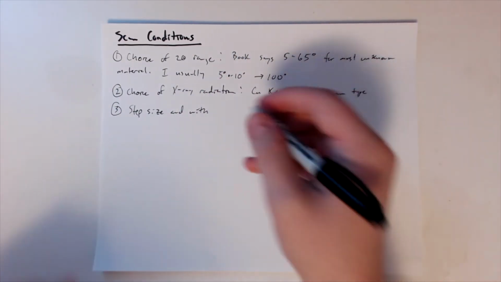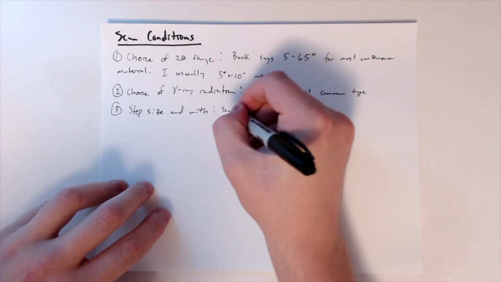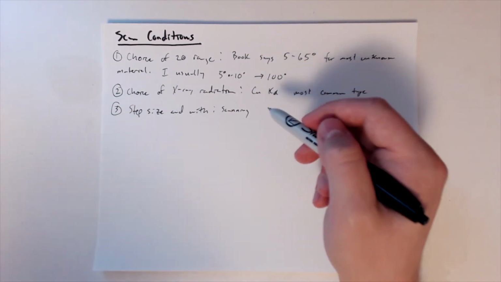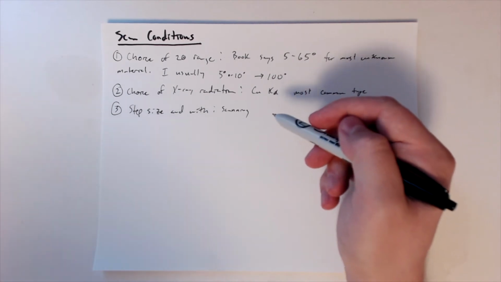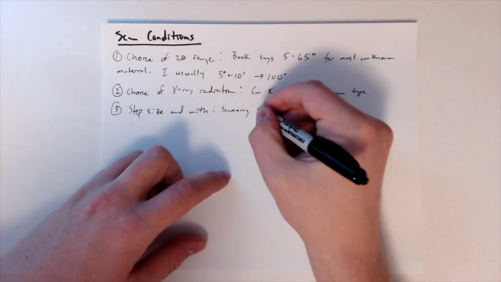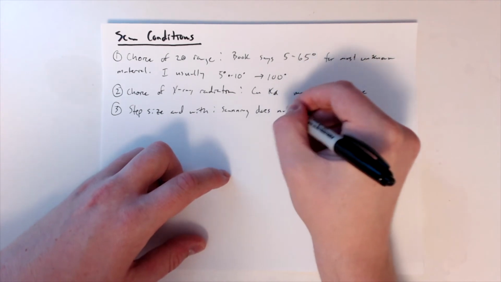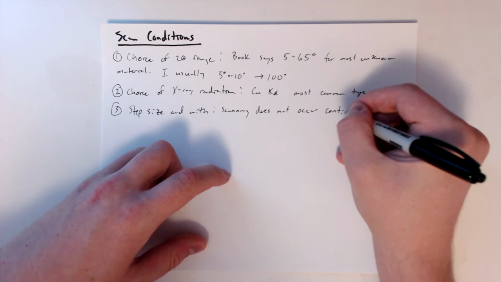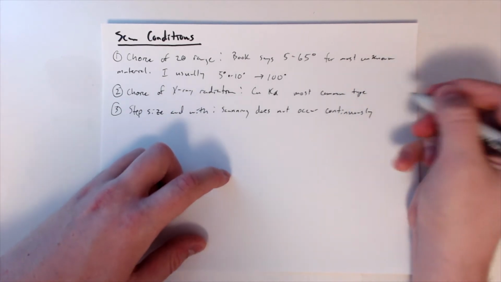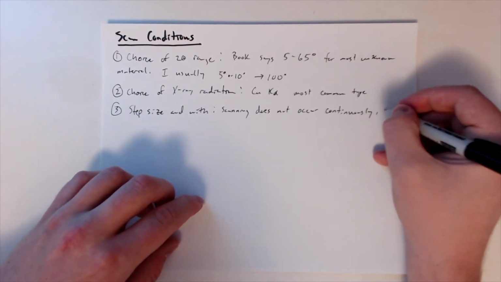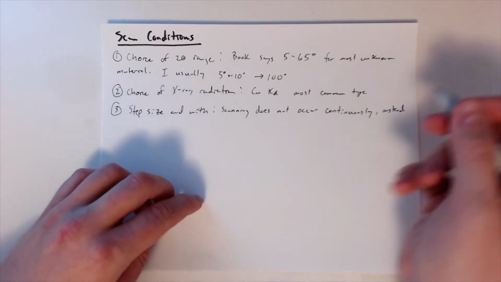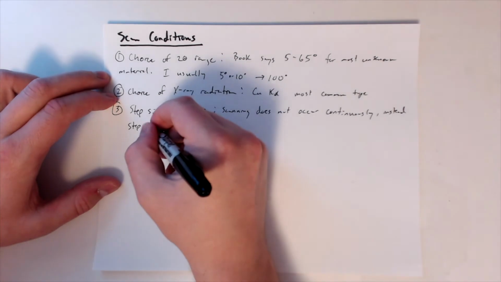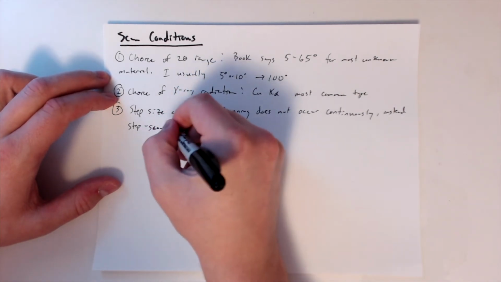So typically when we scan the detector and the sample in terms of theta, we don't do that continuously. Instead, what we do is what's called step scan mode.